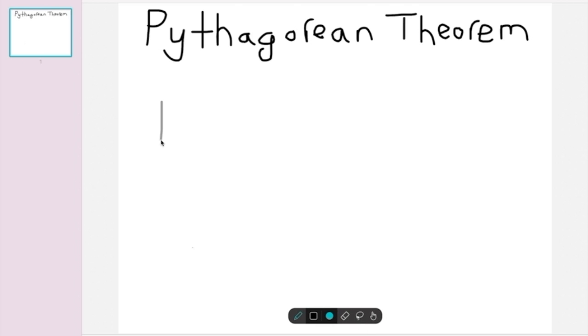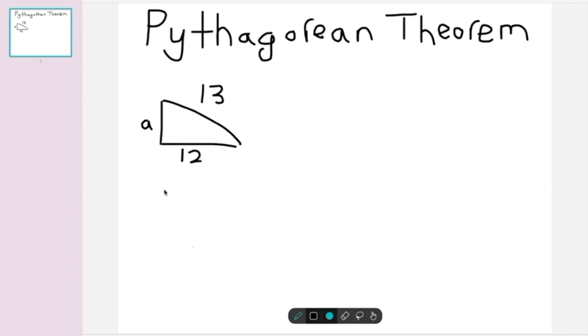Oh, so we have a triangle. This is not to scale either, because I'm obviously not a good drawer. Say this is 13, and this is 12. And then we want to find out what A is. Well, we can easily reverse this by doing that. We know that a squared plus b squared equals to c squared.